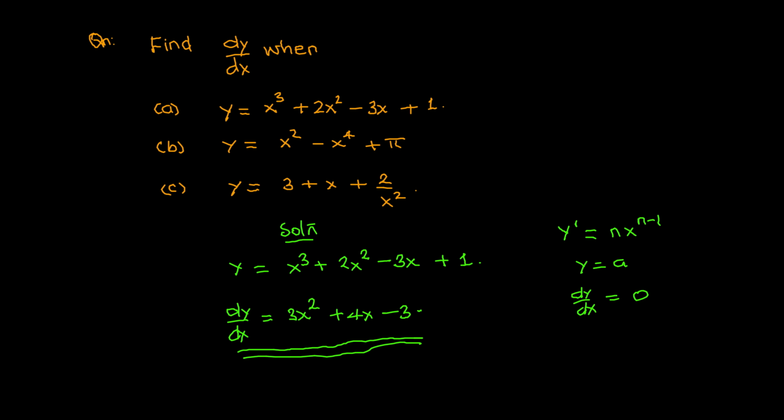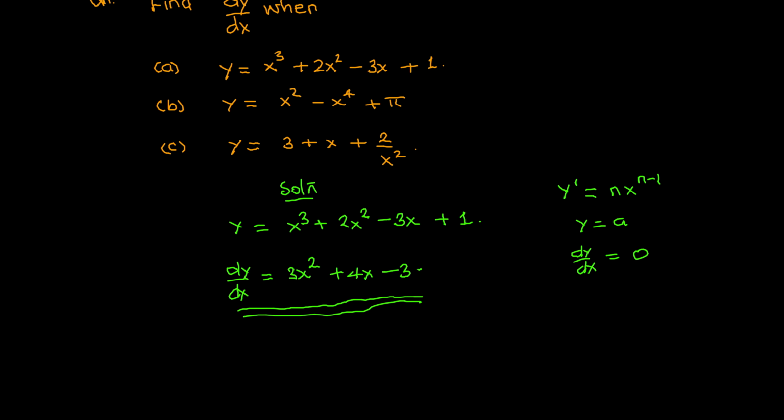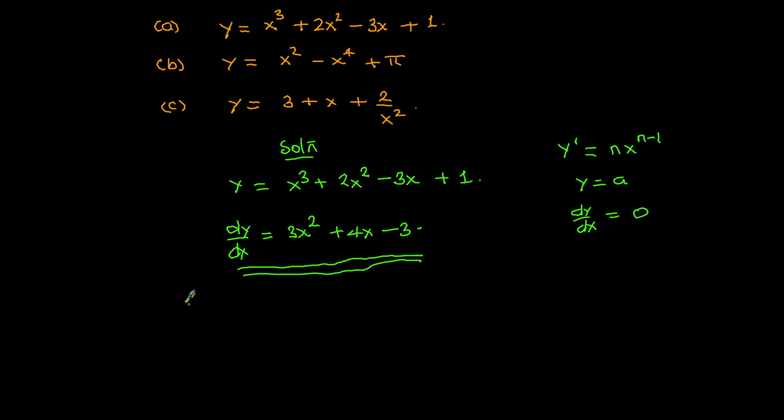So let's move into question number 2. This is part A, so part B is saying get dy by dx of x to the power of 2 minus x to the power of 4, then plus pi. And here we do the same. dy by dx is equal to, this one turns to 2x, and then minus 4x to the power of 3.